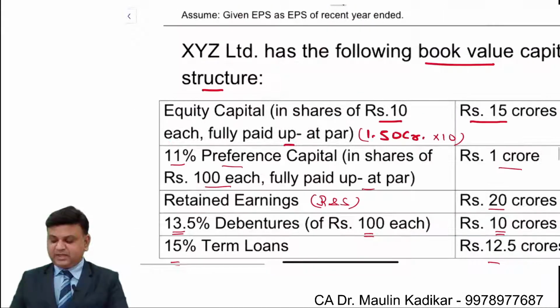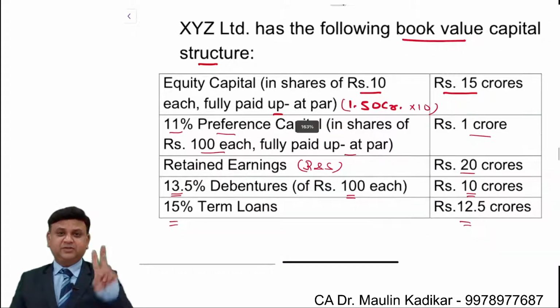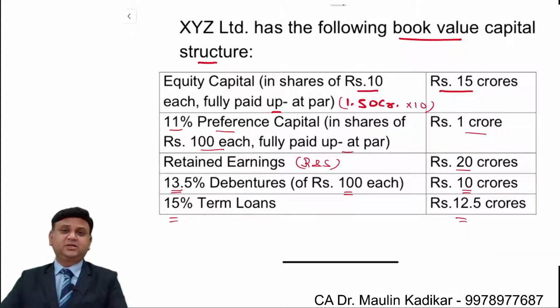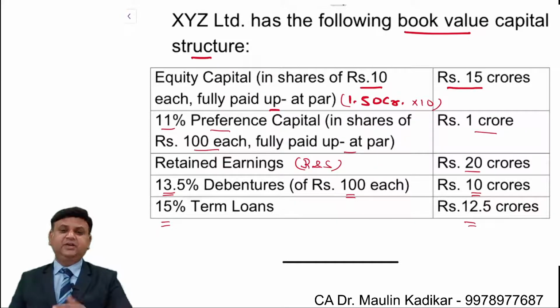So we are required to make the computation of the weighted average cost of capital by two methods. One is the book value proportion and another is the market value proportion. Friends, we understand that whether we compute the weighted average cost of capital using the book value weights or using the market value weights, in either of the case, listen carefully, the cost of capital is going to remain same.